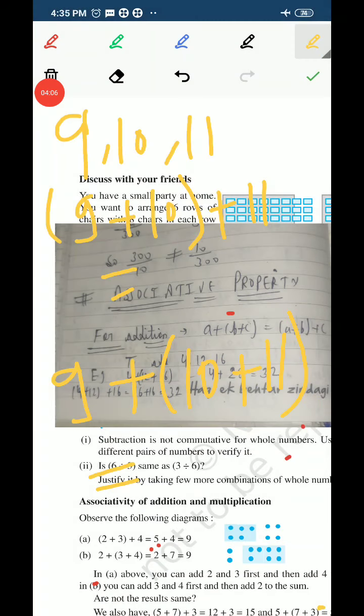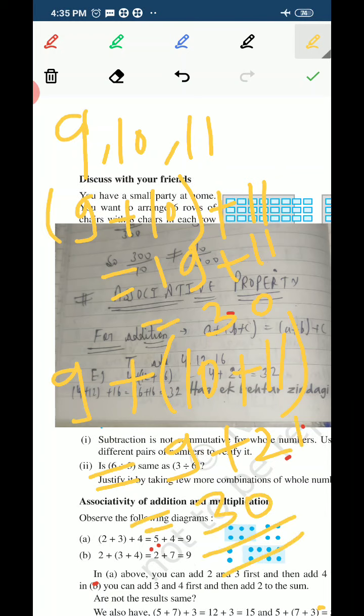So let's see. 9 plus 10 is 19, and 19 plus 11 will be 30. And here 10 plus 11 is 21, and 9 plus 21 is again 30. So you can see in both cases the answer is 30, which means the associative property is satisfied.